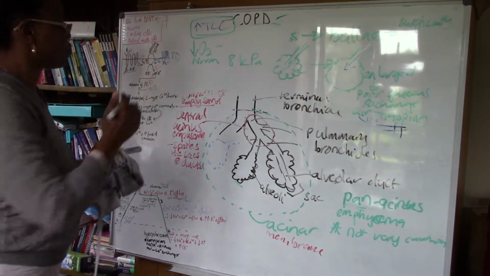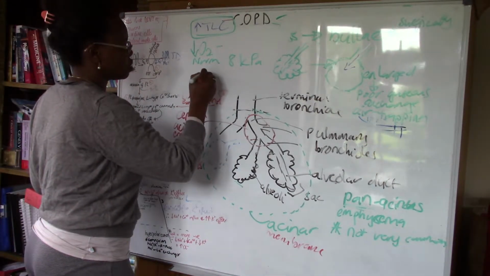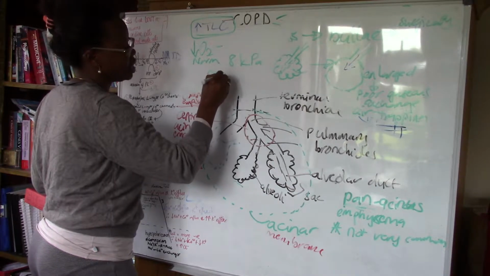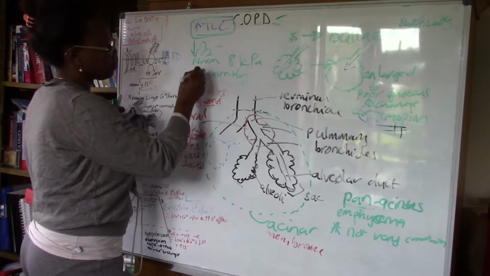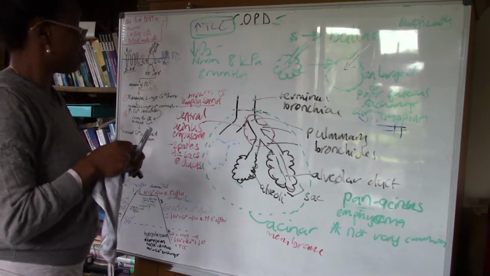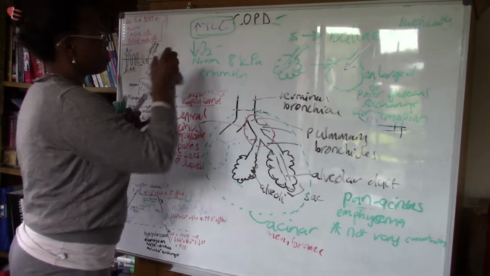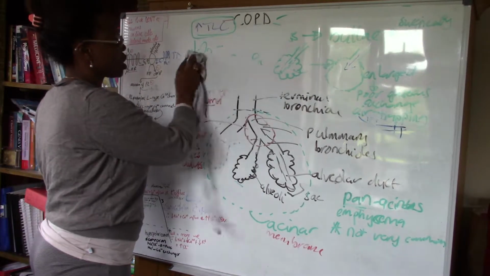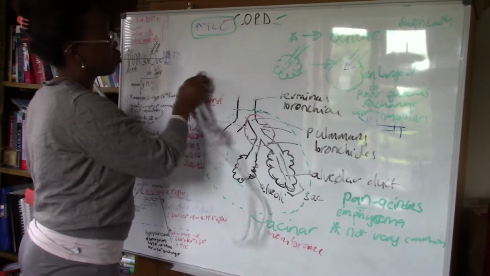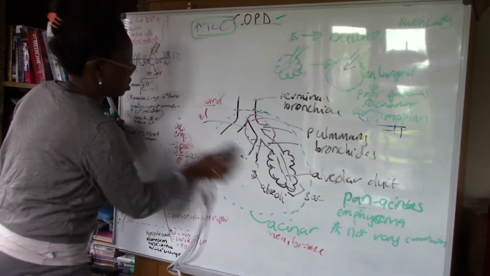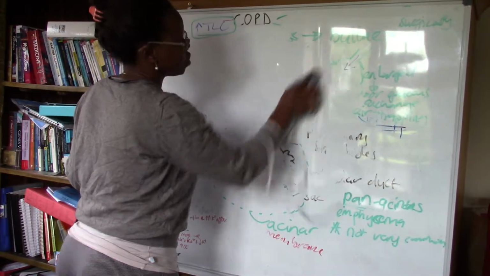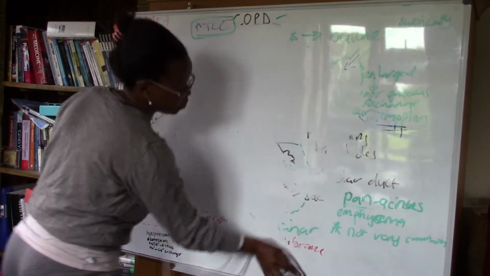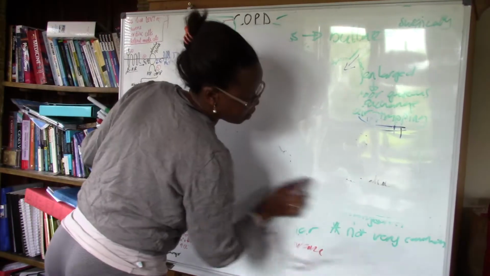We also have it in millimeters of mercury. So the normal oxygen pressure reduces.